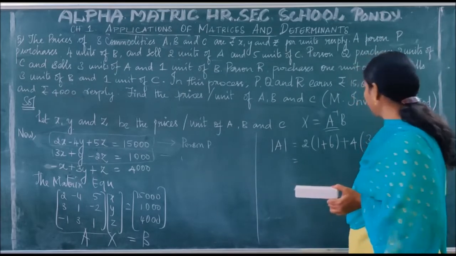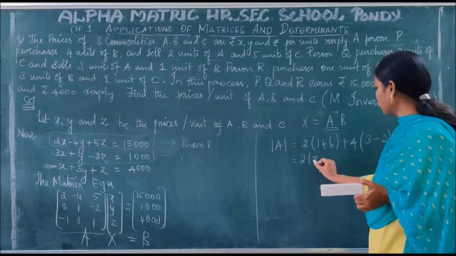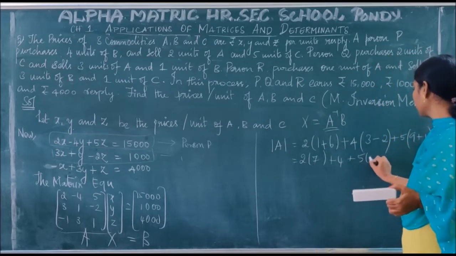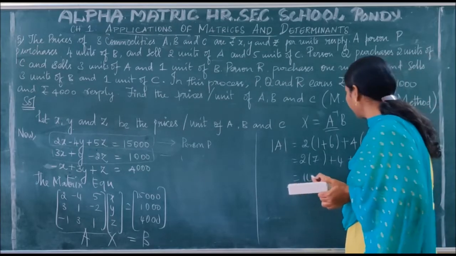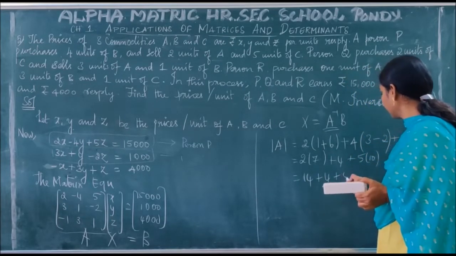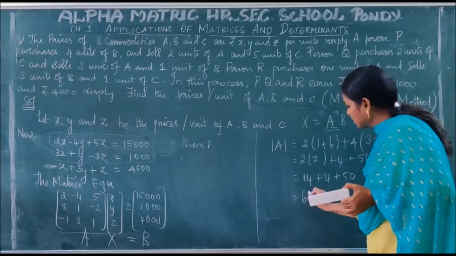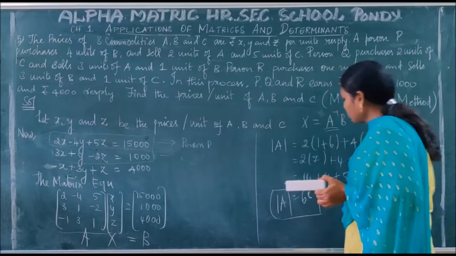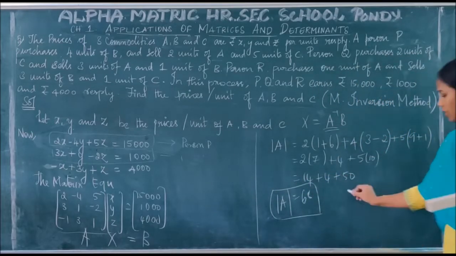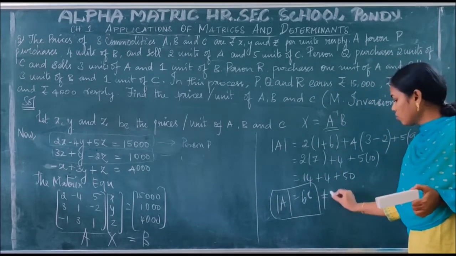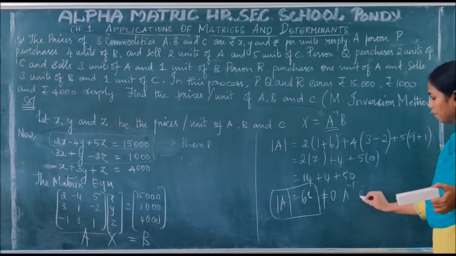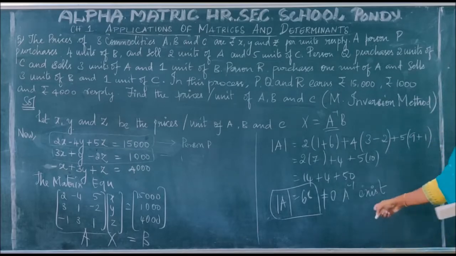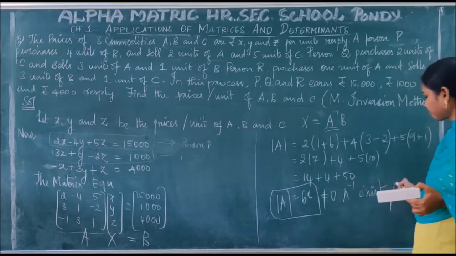So we are going to take a big value: 2 times 7 plus 4 plus 5 into 10, which is equal to 14 plus 4 plus 15, which is equal to 68. So the determinant value of A is equal to 68. Therefore A inverse exists, because this is not equal to 0. Therefore A is non-singular. Since it is non-singular, we can find the A inverse.